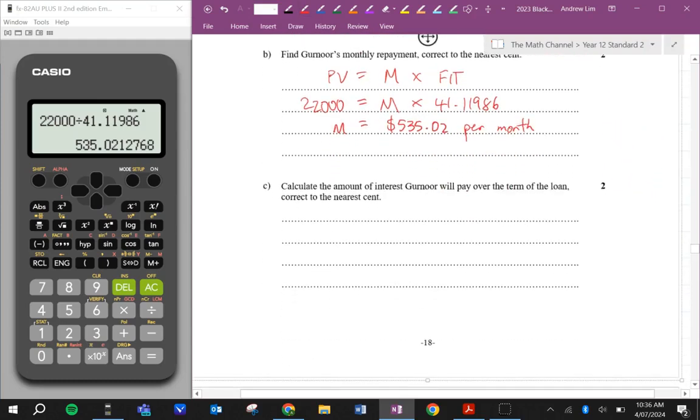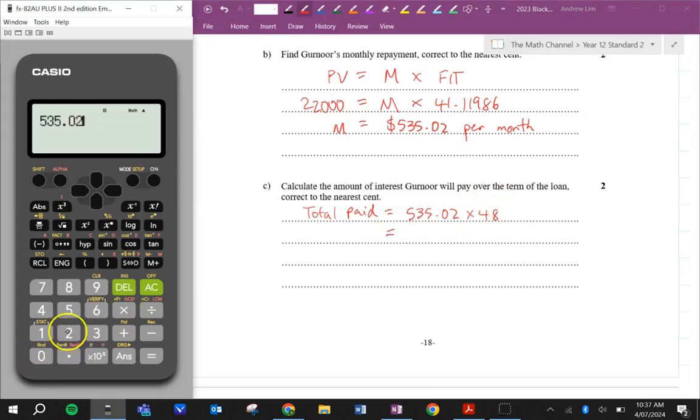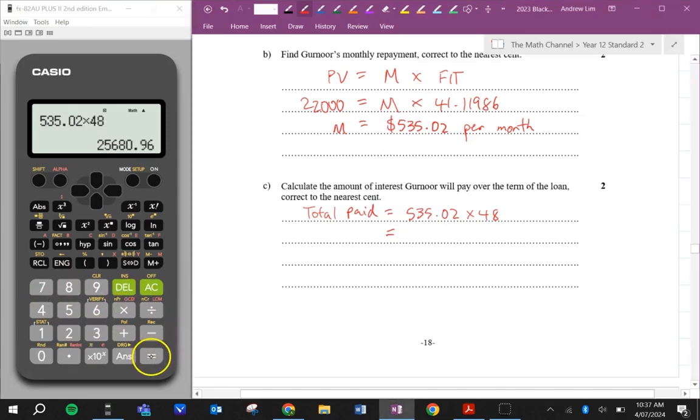Calculate the amount of interest Gunnar will pay over the term of the loan correct to the nearest cent. So total paid, $535.02 per month for 48 months. He's paying a total of $25,680.96.